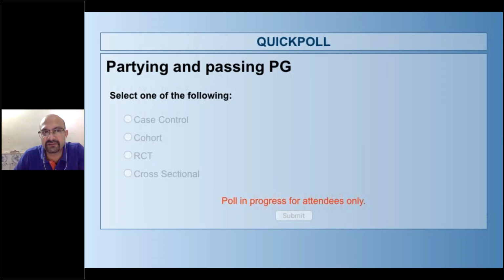Would it be a cohort study? Would it be a randomized control trial? Or would it be a cross-sectional study? Closing the poll in another 5 seconds, and then I will show you the answers to your poll. Cool. So poll closed now, and I'm sharing the results with you.